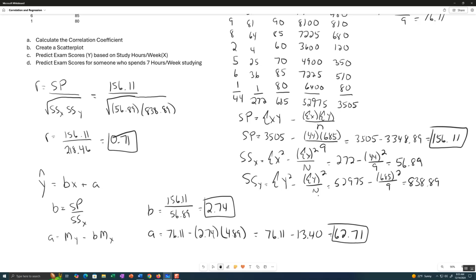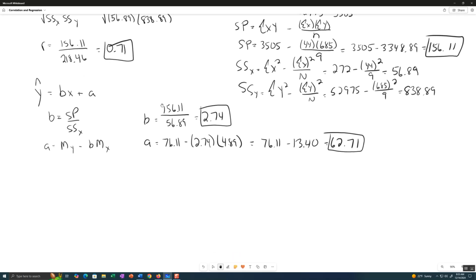So the line becomes, oh sorry, not b, y for the line. The y predicted is the slope 2.74x plus 62.71. That is my regression line.